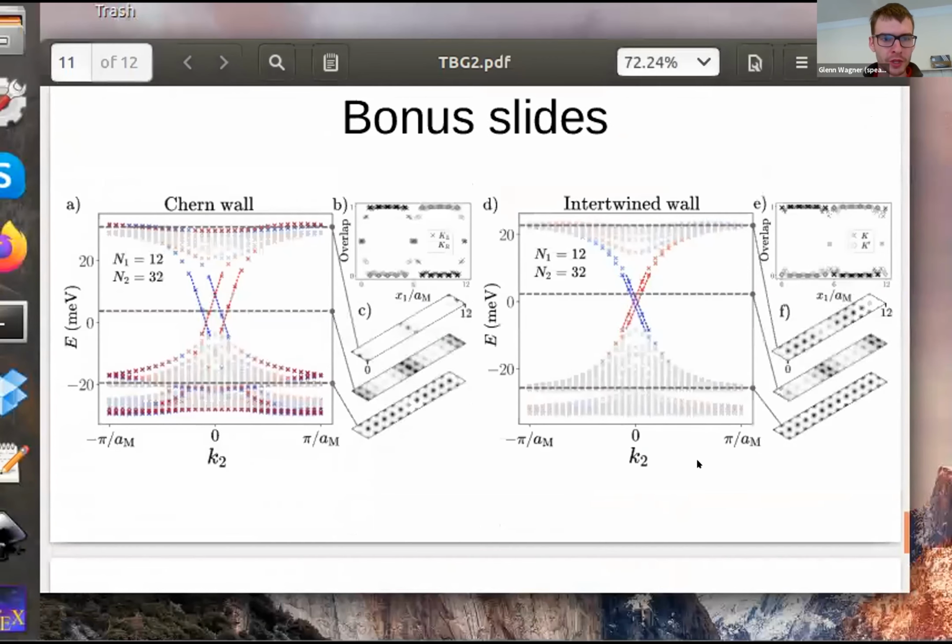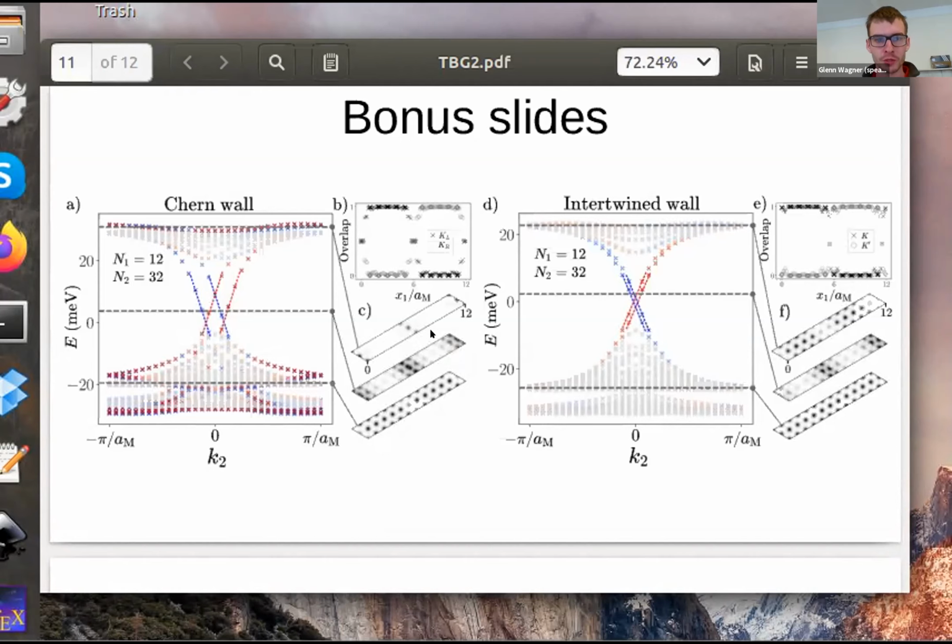And so what we see is that depending on what type of domain wall you have, different types of signatures. In particular, in the case of the Chern wall that I was showing, you had these bound states that were localized close to the domain wall, whereas for other types of walls, these bound states don't occur because these bound states are sort of pinned by the substrate step.